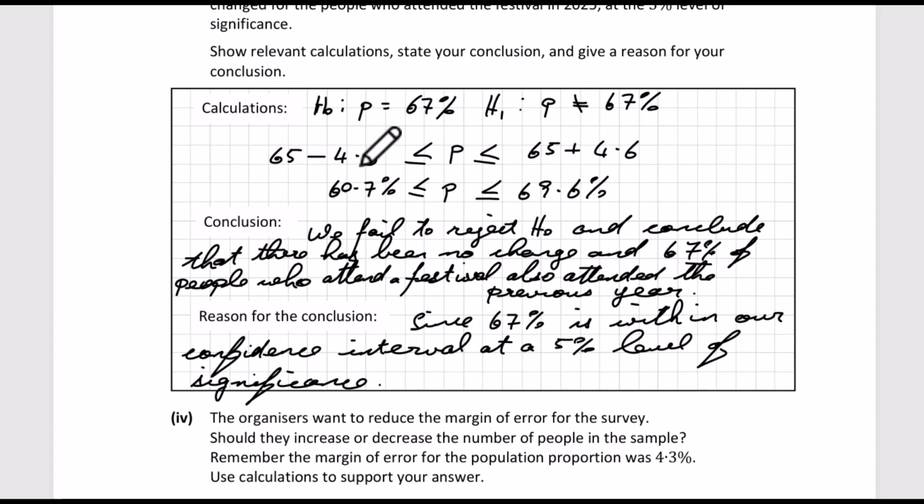So we've got to work out this confidence interval here first. The way you do that is the population proportion is P, and it's somewhere between P hat minus the margin of error and P hat plus the margin of error. P hat is the sample proportion.